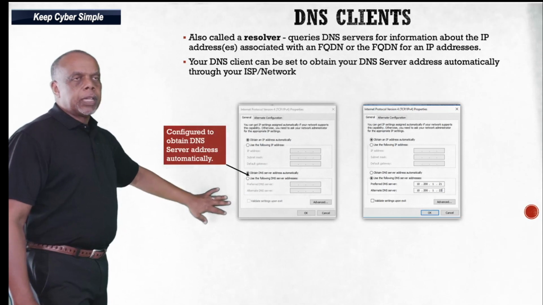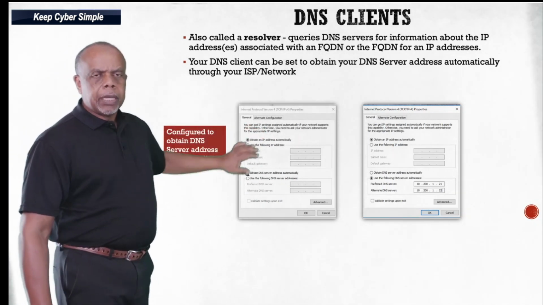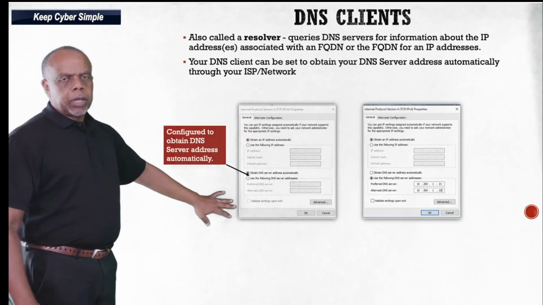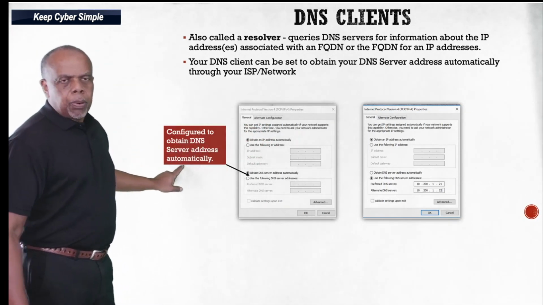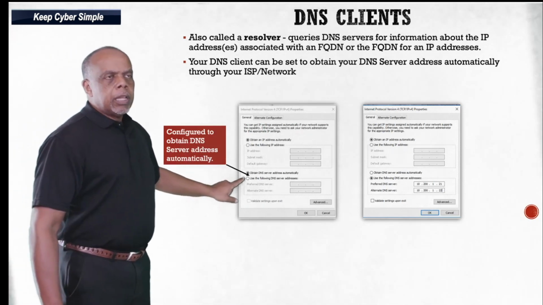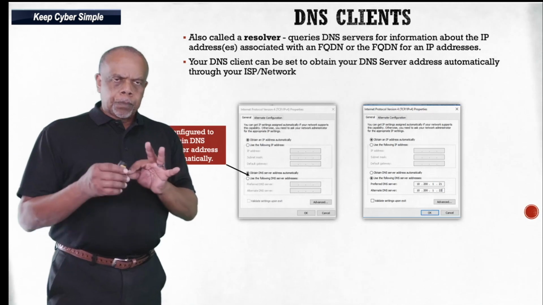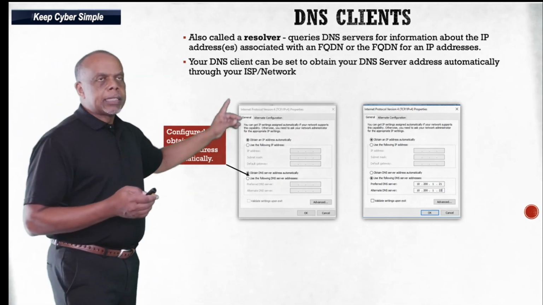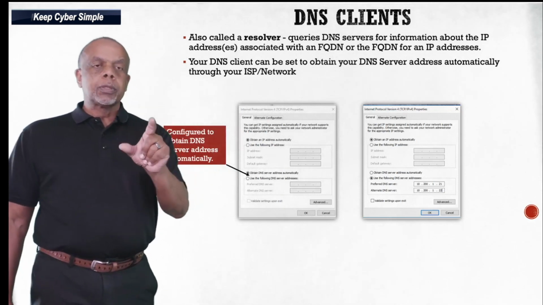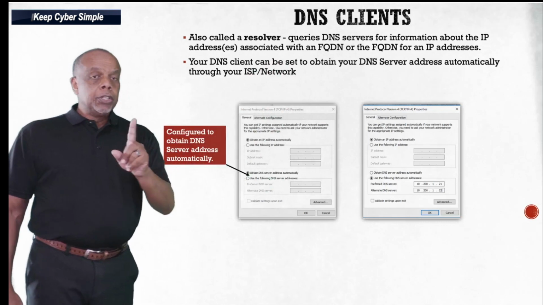You may have seen this screen where you can look at your TCP/IP. You can pull this up based on your IP address. Most of us are probably configured where it will automatically look for a DNS server. And when it does that, it's going to go back to your internet service provider, which is going to provide that access. But you don't have to do that.